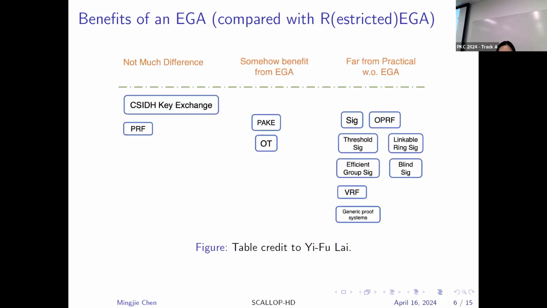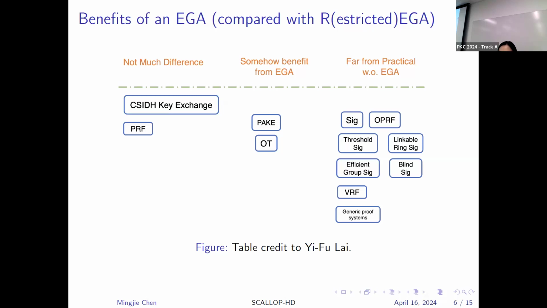Benefits of an EGA compared with REGA. Here, REGA is short for restricted effective group action. So this is a table credit to Yifu Lai. On the very right of the table, we have many constructions, which would be far from practical, that you can build with abelian group action if you don't have an EGA.